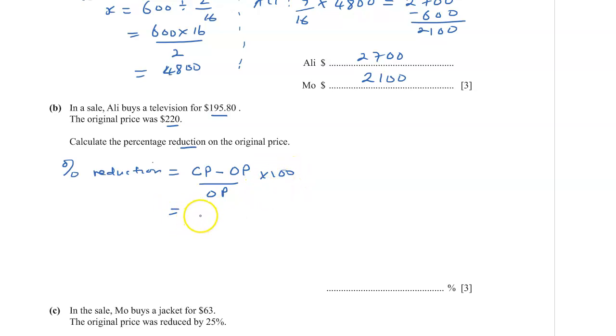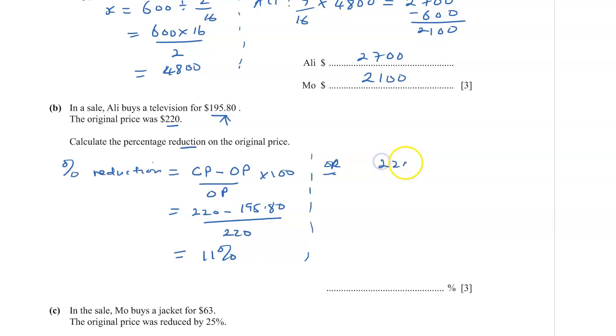The original price was 220 minus what Ali got, which is 195.8, divided by 220, times 100. When you do that, you'll get 11%.